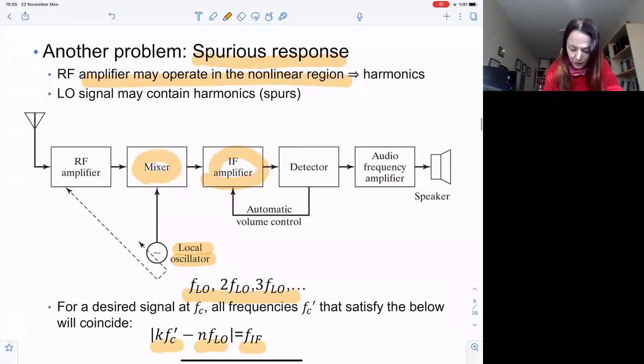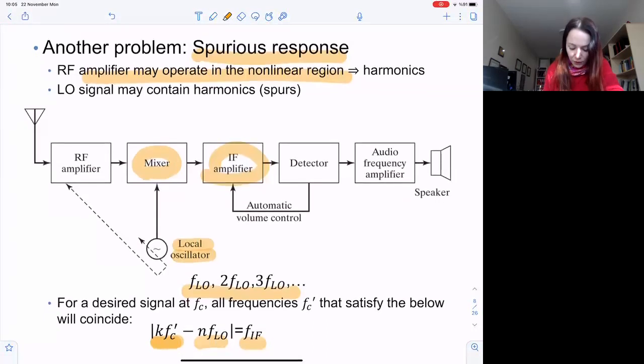What is this difference? The difference of a multiple of the center frequency, carrier frequency, from another multiple of the local oscillator frequency.